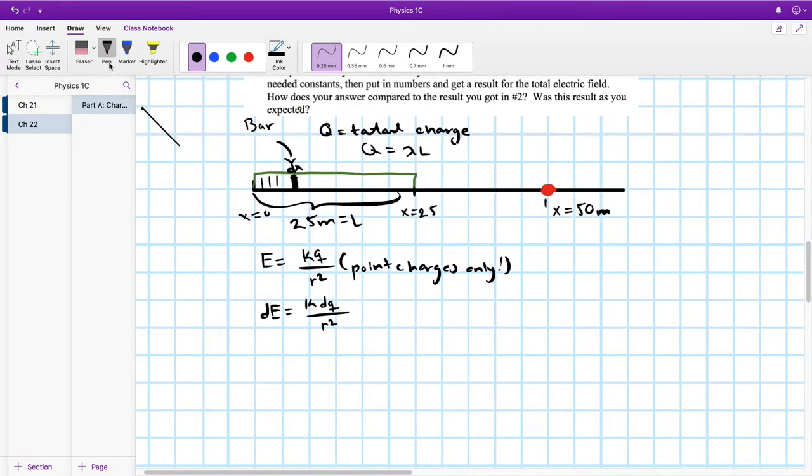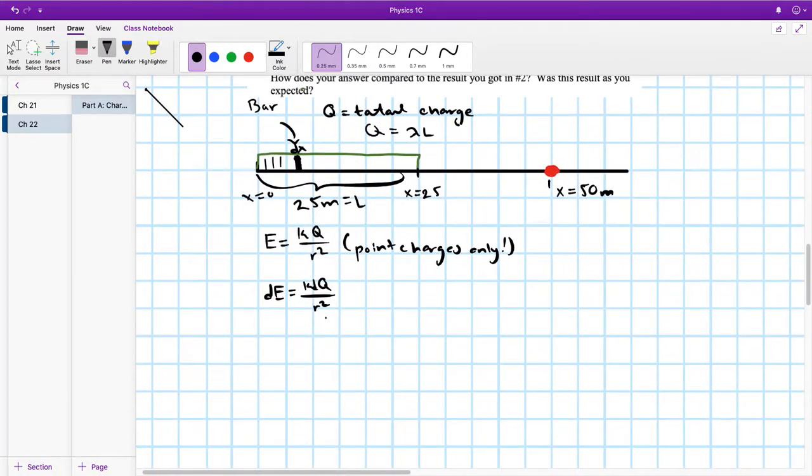And while I'm at it, I should change this Q. We'll rewrite these equations to fit what we're given. This is K times Q over R squared, K times dQ over R squared.